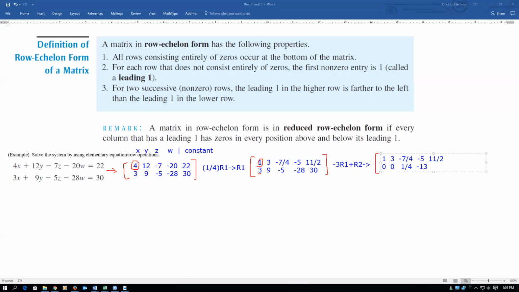And finally, 11/2 times -3, -33/2 plus 30, which is 60/2, gives us 27/2.